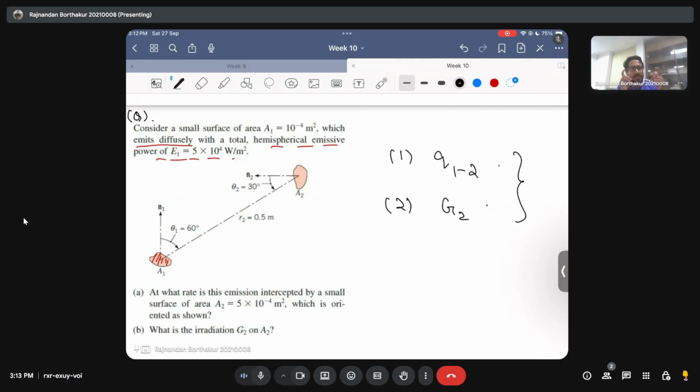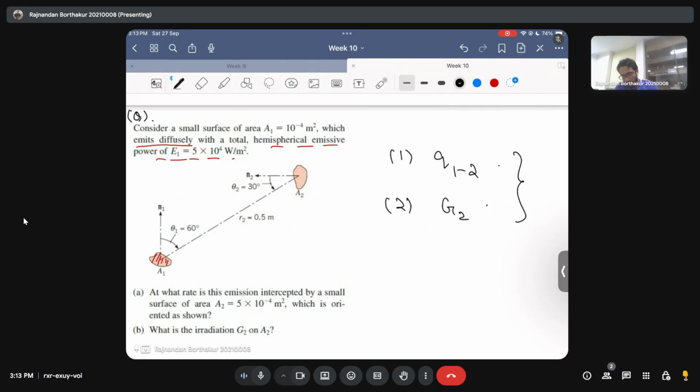Although we'll not utilize the name view factor, essentially this is how the view factor is defined, or how the very definition of view factor comes into the picture. But anyways, we'll not formally introduce view factor today, but as I said, this concept of solving problems like this actually builds up into something which is known as radiation view factor, the details of which we will look at in the next week.